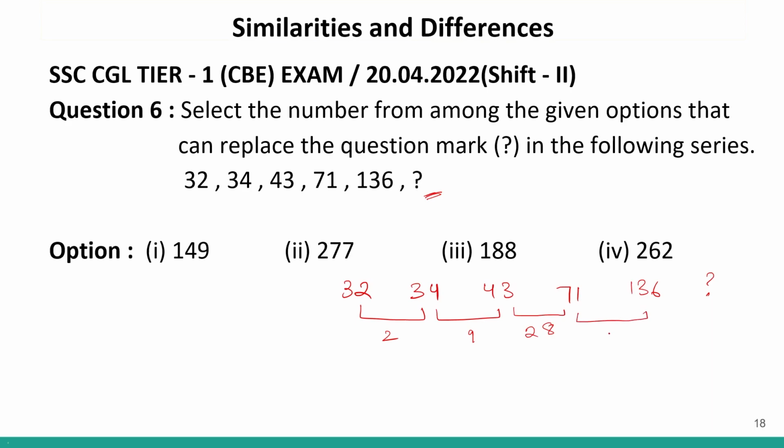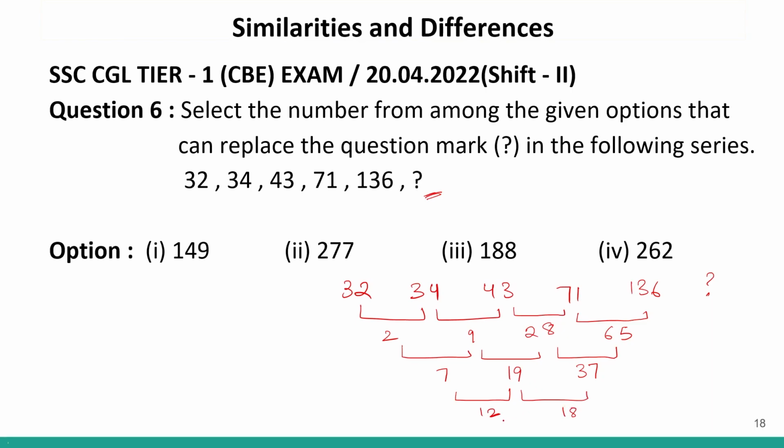This was 65. Okay. Now this is 7. This is 19. And this is 37. Correct? Now, this is 12 and this is 18.